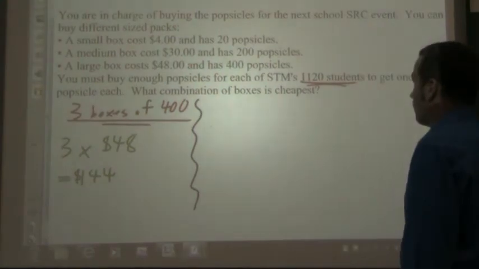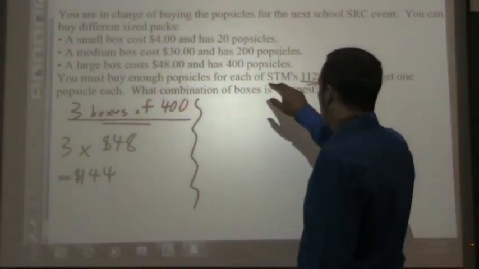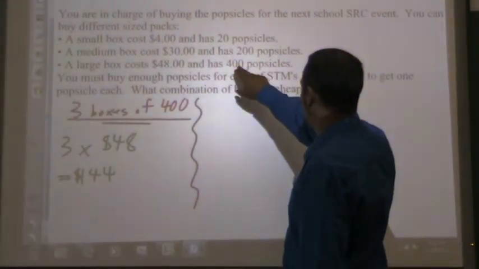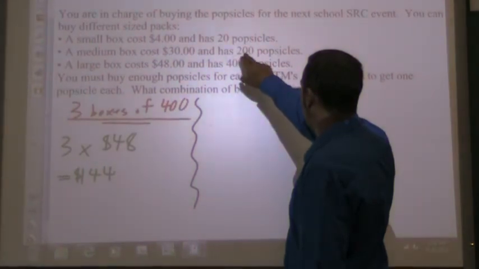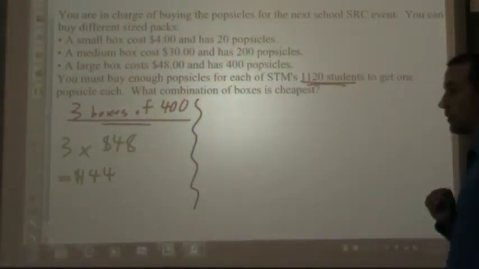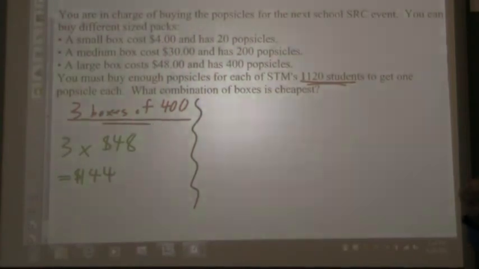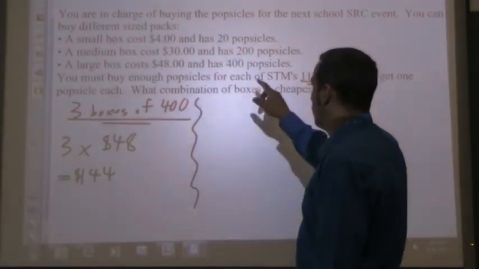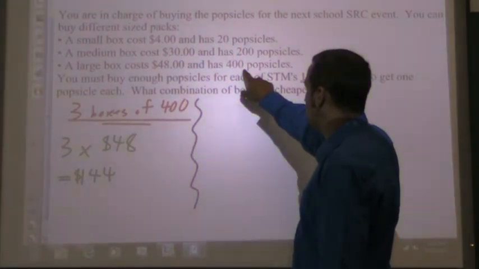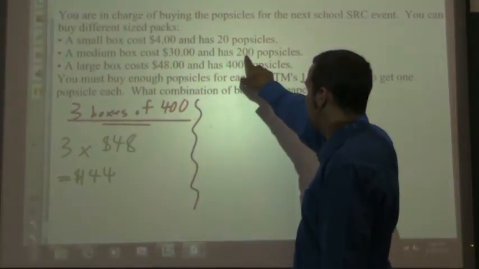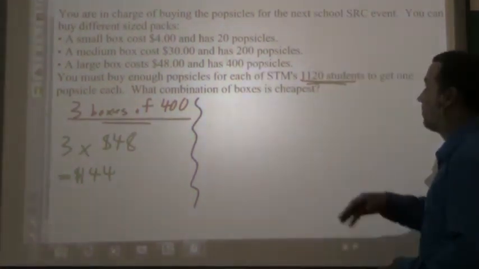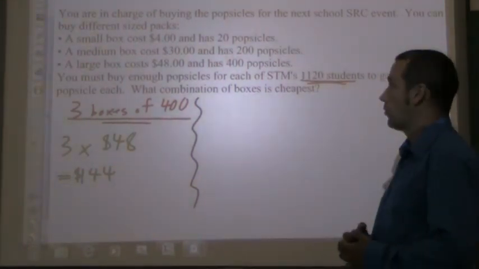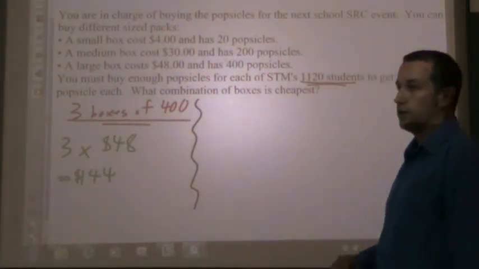Another scenario is I could do 2 of these and then 2 of these. You might be thinking, well, I can do that. That's still 1,200. But you have to think to yourself, well, I know that this is a better unit price than this. So why would I buy 2 of these, which is the equivalent to 400, when I could just buy 1 of these?